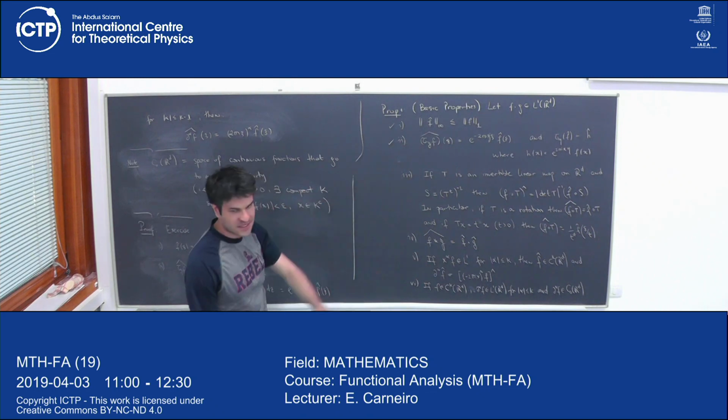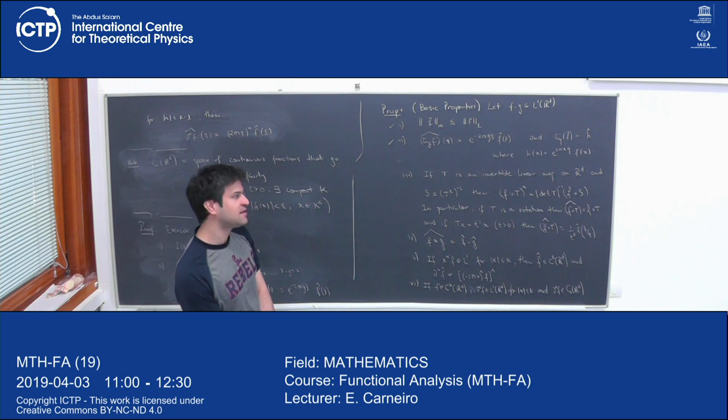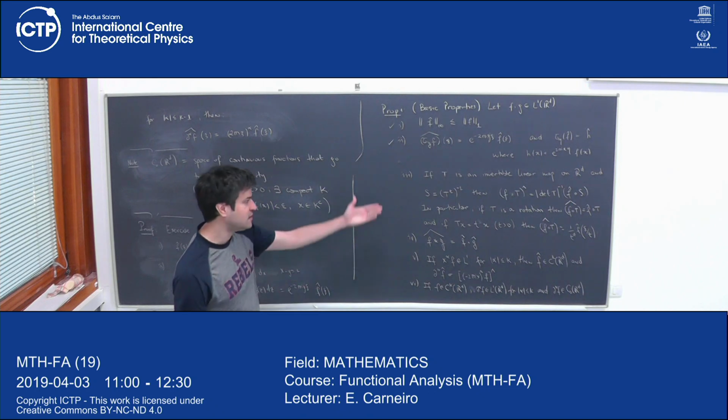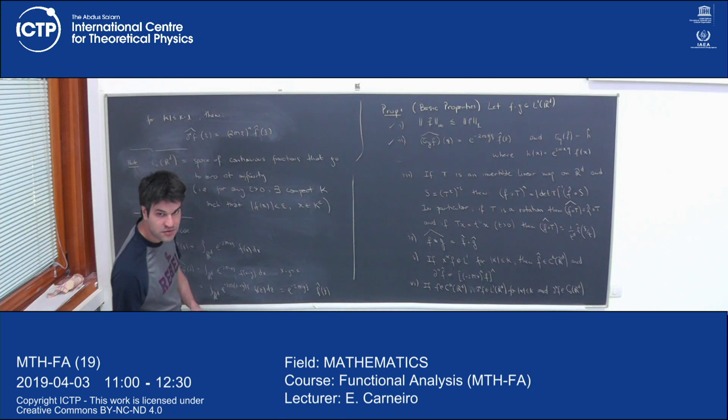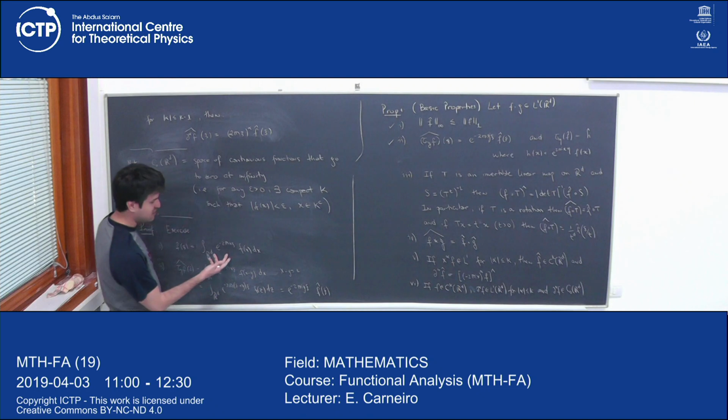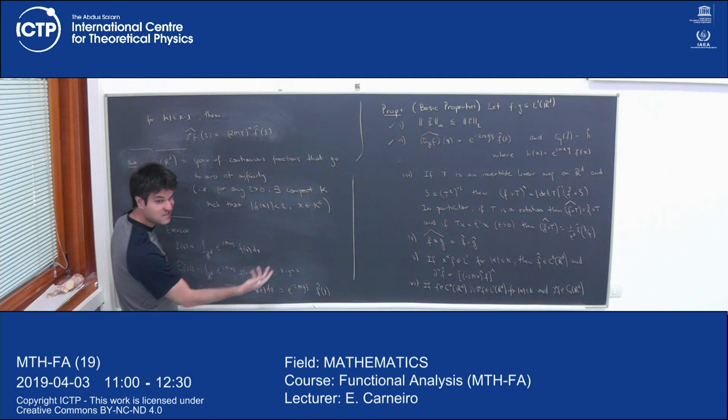The third expression here actually tells me what happens when I compose with a linear map. Again, it's just a matter of plugging into the definition and changing variables. So just plug in the definition. This will be f of tx, and then you just call it tx equals z.